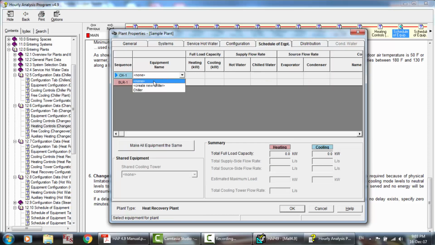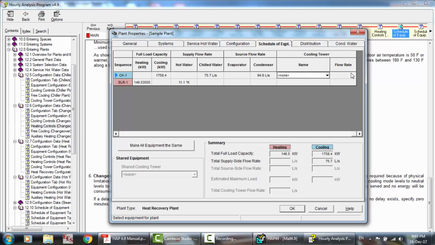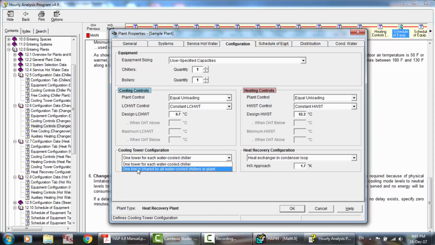Okay, suppose that is a chiller. And sample boiler, and here is the cooling tower. Why? Because if you make it shared, you will not find the cooling tower here, so the cooling tower will be here.